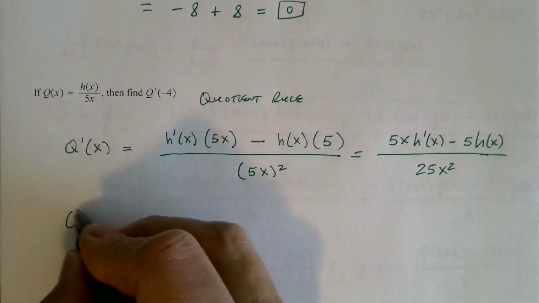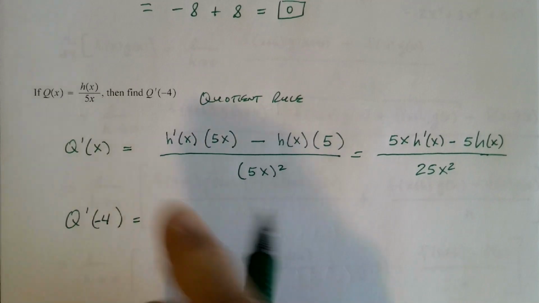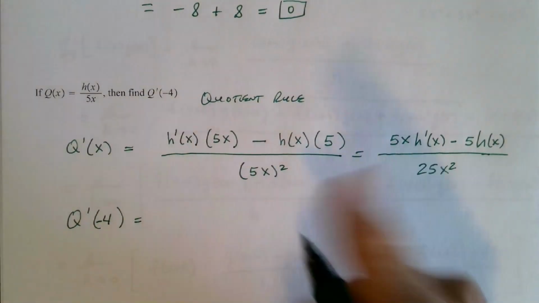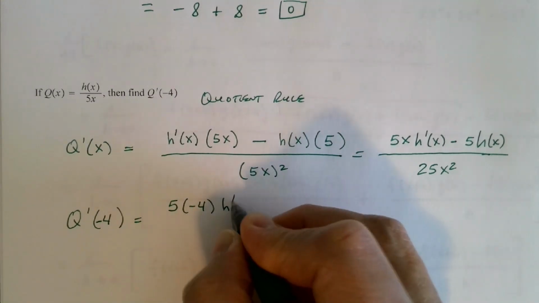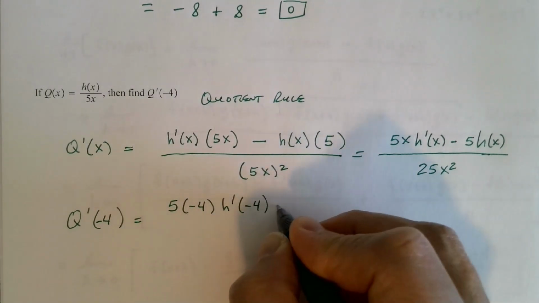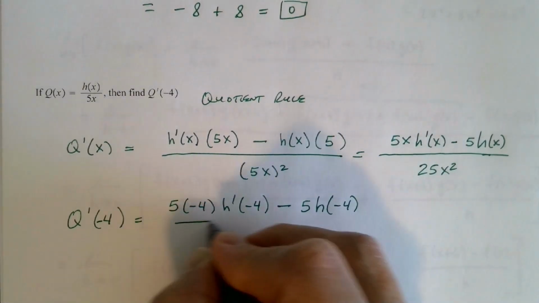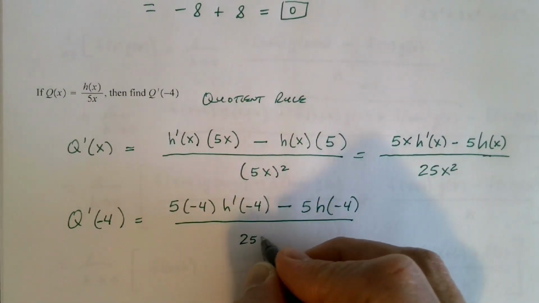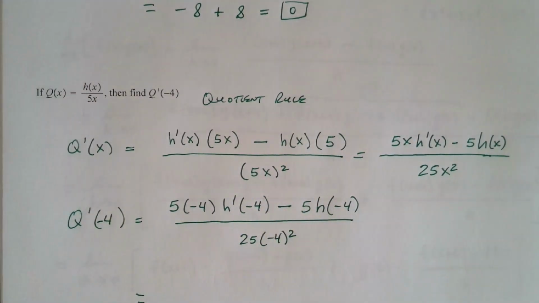I'm just going to go right in and now find what I'm looking for, q prime of negative 4. So be careful, it's a negative 4. Everywhere I see an x, I'm going to replace it with negative 4.